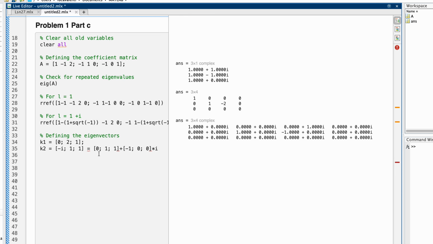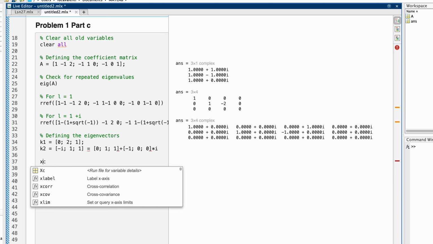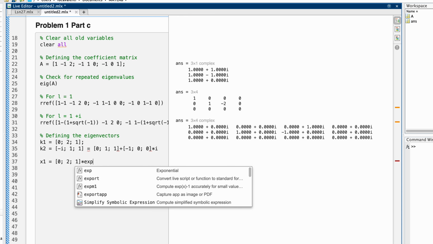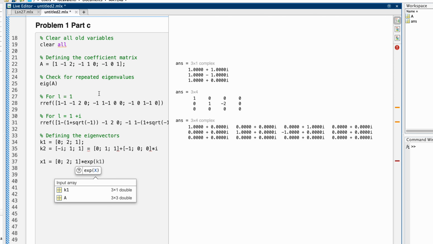part. So I can write that my first solution is going to be with this eigenvector, so it's going to be k1 times, so let me just use this one, times e to the whatever the value was that it came from.